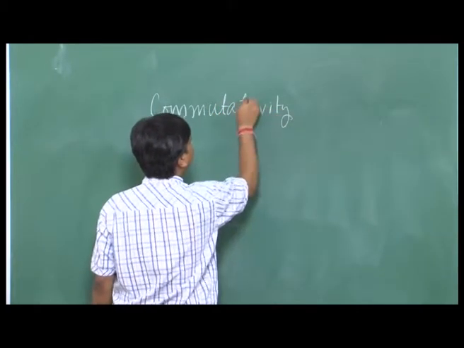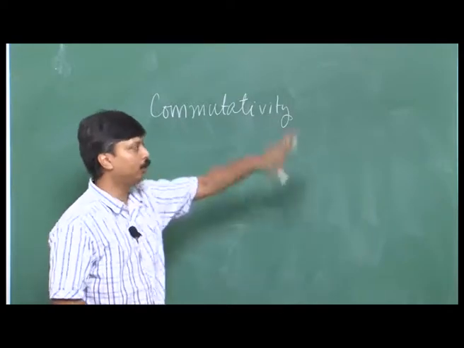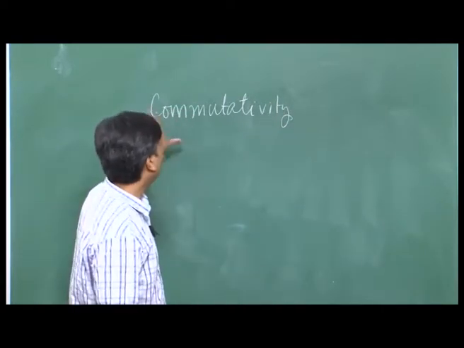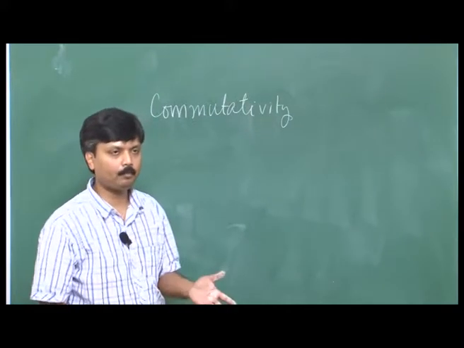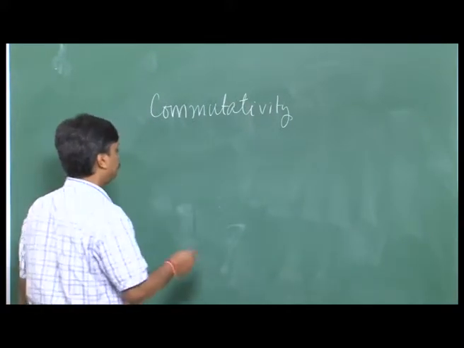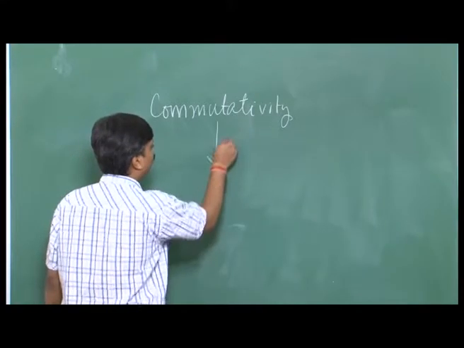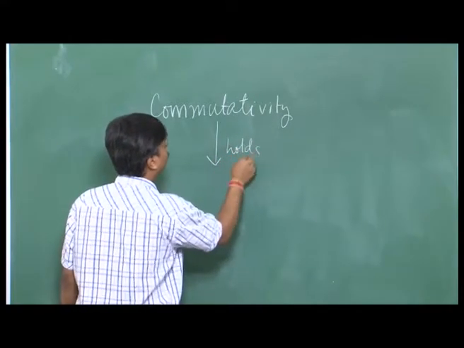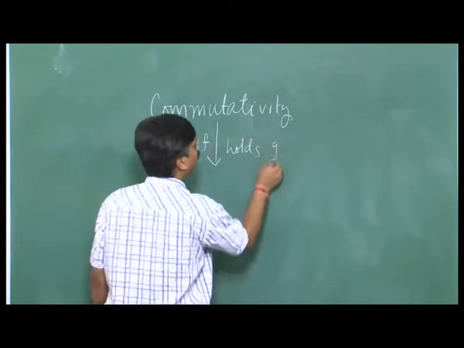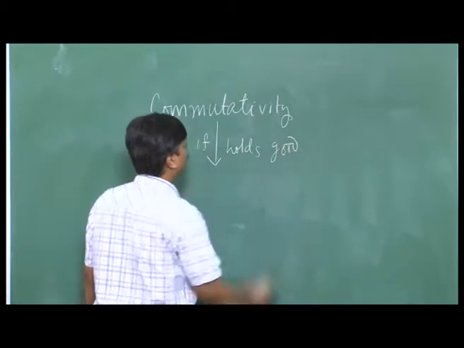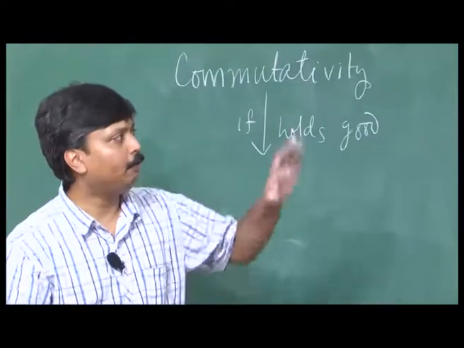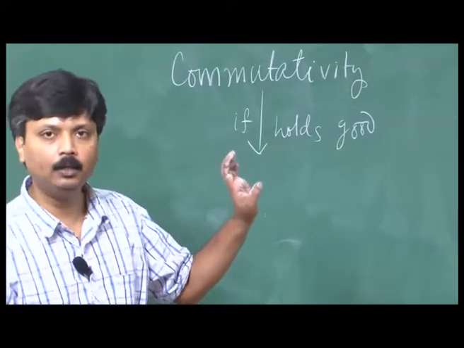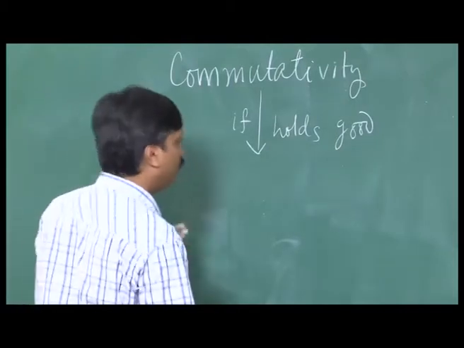So additionally, if the elements which follow all these rules also follow the rule of commutativity or rule of commutation, if this holds good, then obviously that will be a group because they have already satisfied all the conditions for being called a group.